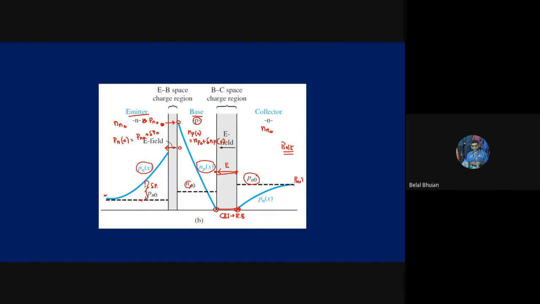There is a natural tendency for a hole to diffuse from high concentration to low concentration. So as soon as they find themselves on the edge of this depletion region, they experience an electric field, and the hole will be drifted from the N side to the P side, or collector to base.